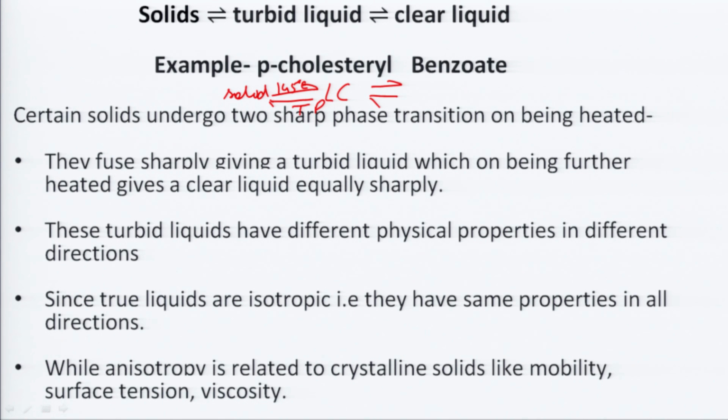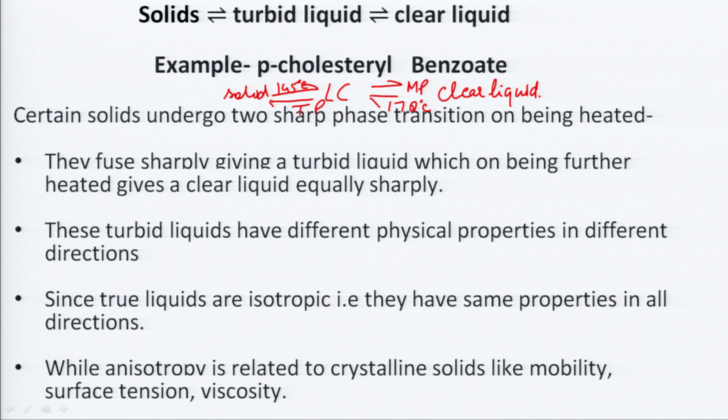Now, when this turbid liquid is further heated, it changes into a clear liquid, and that happens at a temperature of 178 degrees Celsius. At 178 degrees Celsius, it becomes a clear liquid. So, this particular temperature is referred to as the melting point, and the temperature at which it changes into a liquid crystal is termed as its transition temperature.